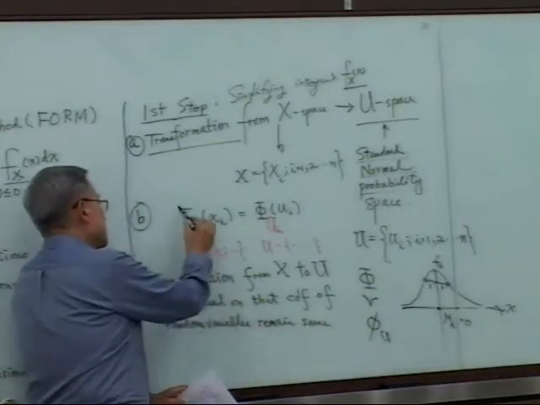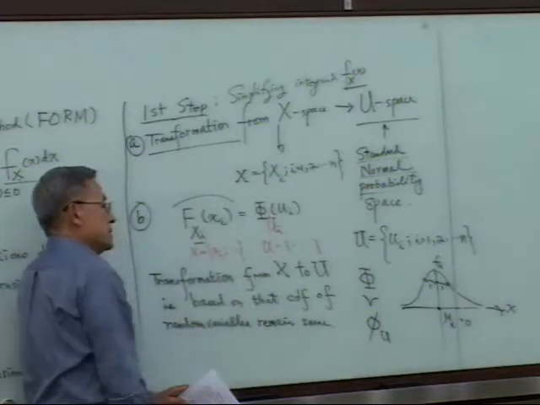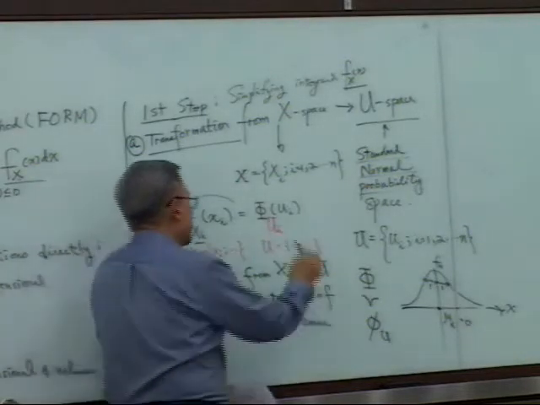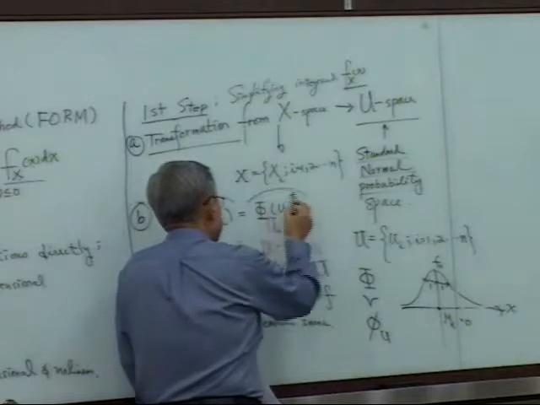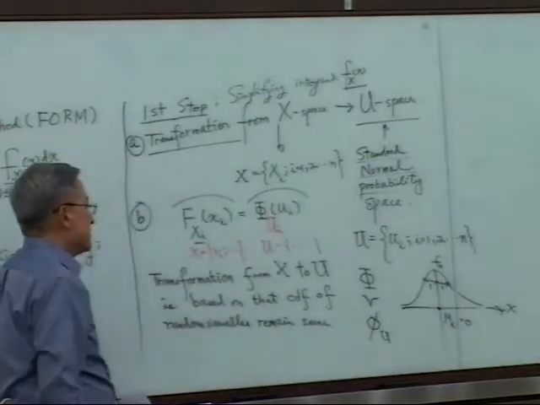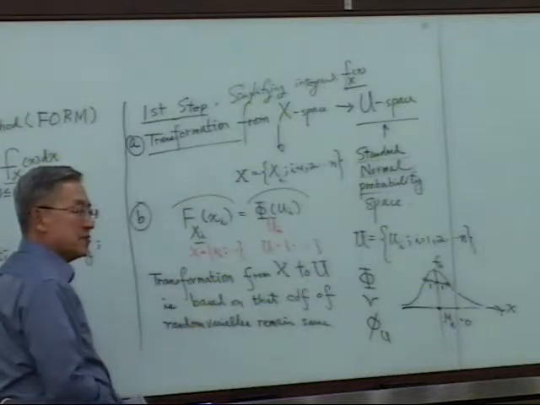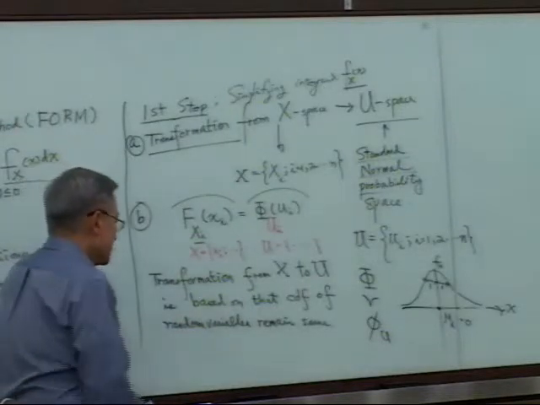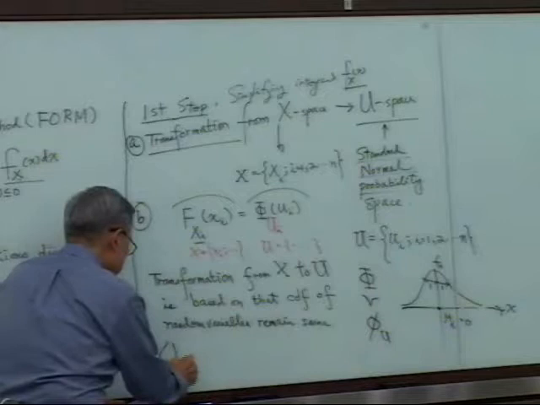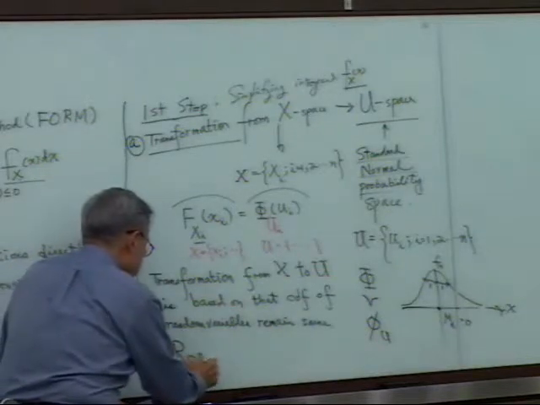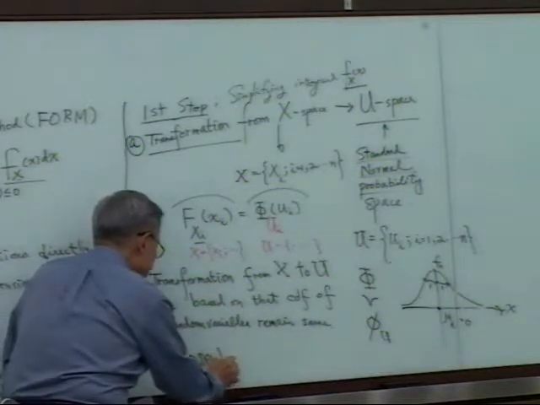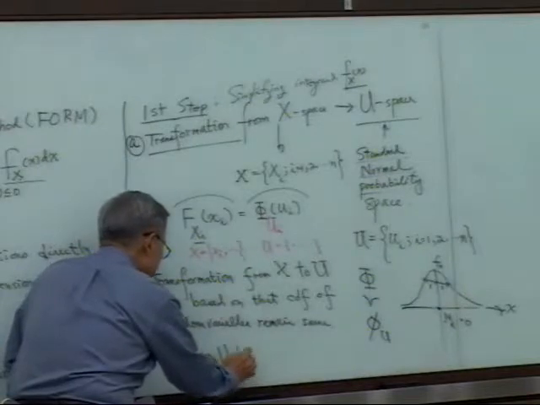Before the transformation, it is capital Fxi, and after the transformation it is phi of ui. This is the Rosenblatt transformation.